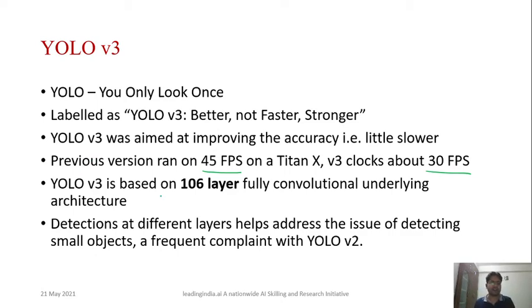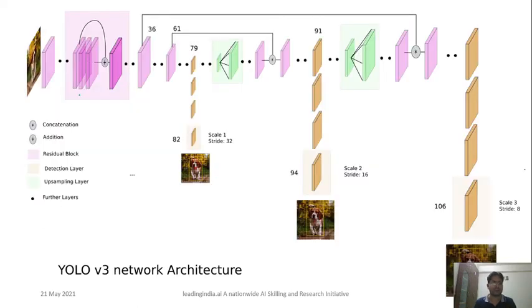What they have done is take a very deep convolutional neural network for detecting more features. They are detecting at 3 scales: first the bigger scale, then a smaller one, then a still smaller one. So even if you have a very tiny object, you are able to detect it. Maybe you are trying to find faces in a classroom, which are very small.